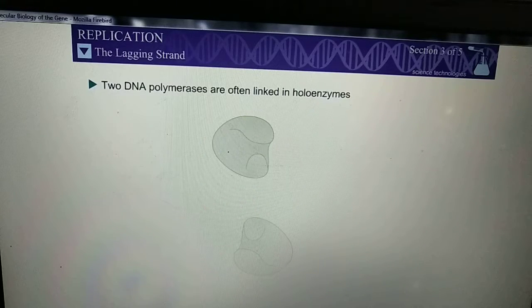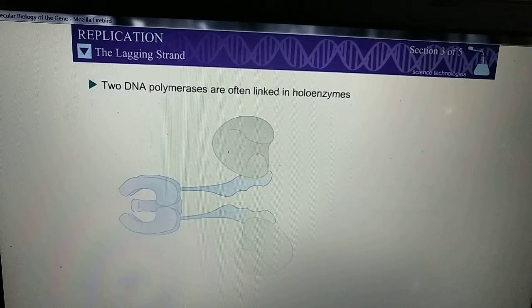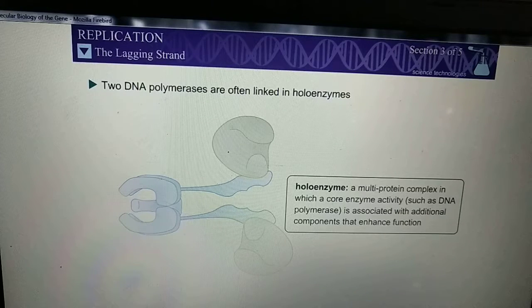In bacteria, the two DNA polymerases responsible for replicating the leading and lagging strands are linked together in multi-protein complexes called holoenzymes. How do two DNA polymerases remain linked and yet synthesize DNA on both the leading and lagging strand?